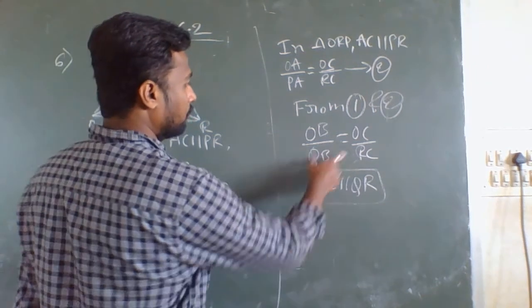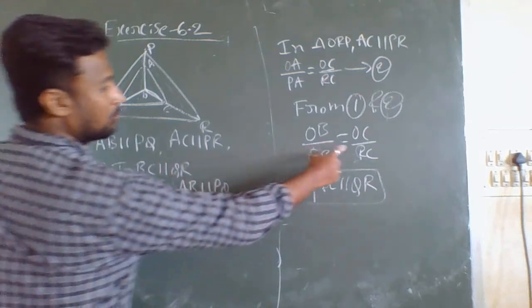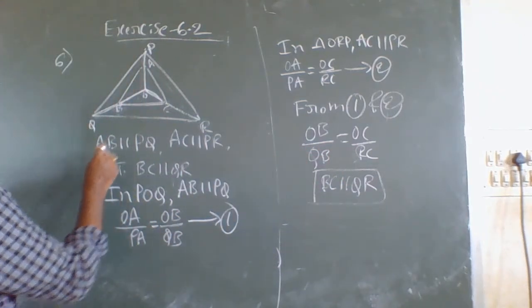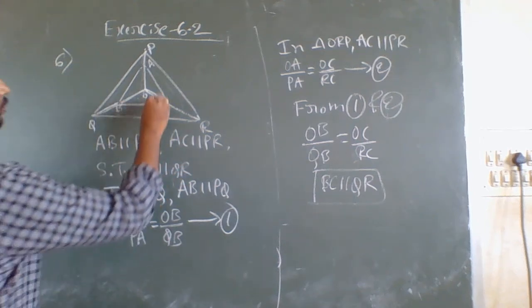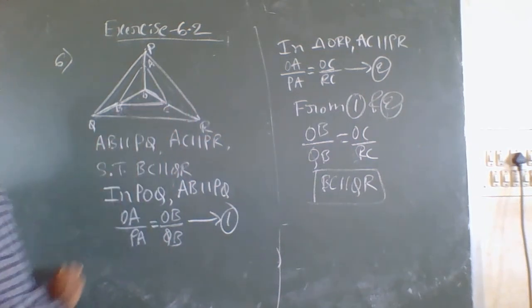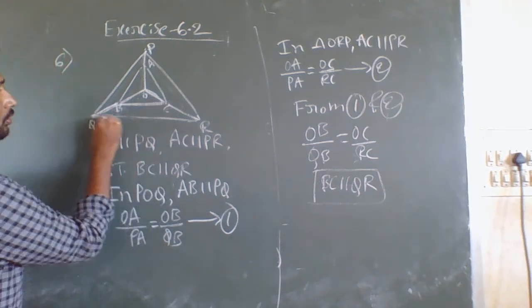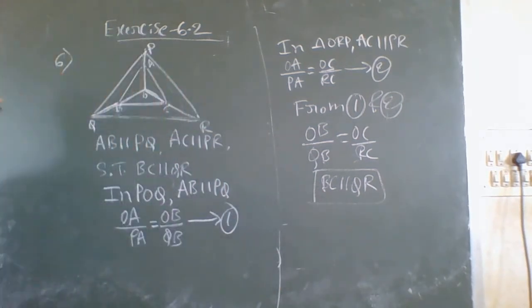If these two are equal, see here in the diagram, OB by QB and OC by RC, the sides are divided proportionally. It means BC should be parallel to QR. Therefore, we have written here BC is parallel to QR.